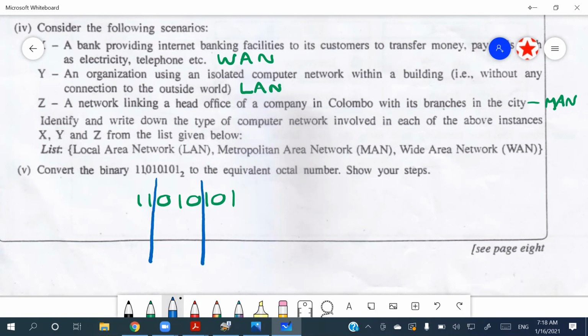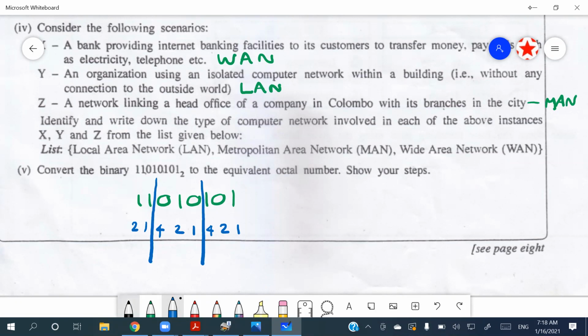Each group should consist of 3 bits, and these 3 bits should be considered as a small binary value and converted into its decimal equivalent, right? So this is 1, 2, and 4 that we are talking about, right?